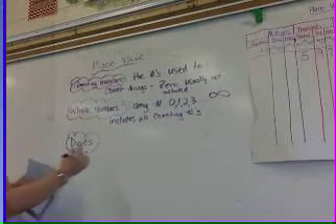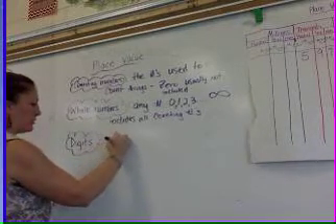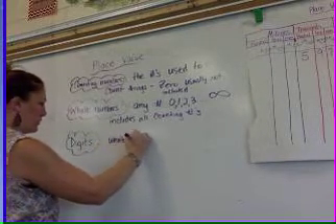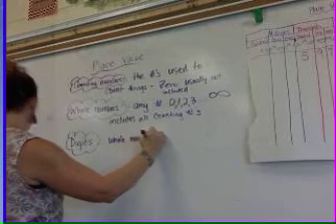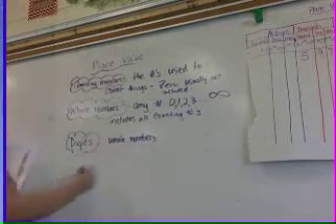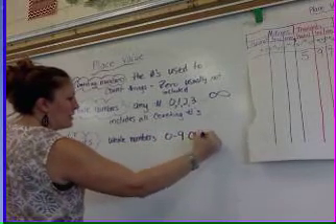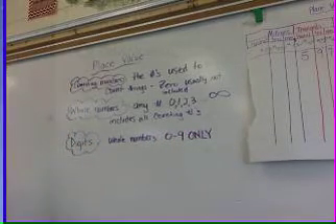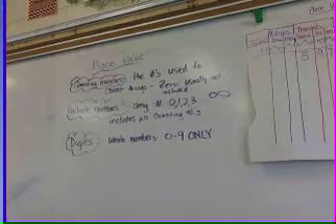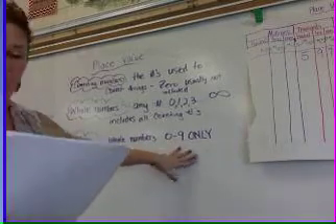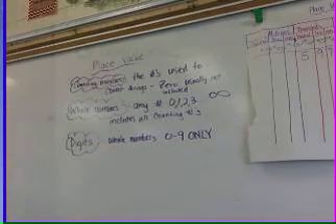So digits are whole numbers, 0 through 9 only. If you were to look at your phone or at anybody else's phone and look at the numbers that you use to dial, they are 0 through 9 only. You don't have a 10-digit. You have 0 through 9.